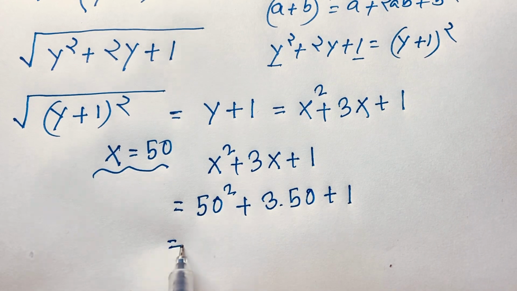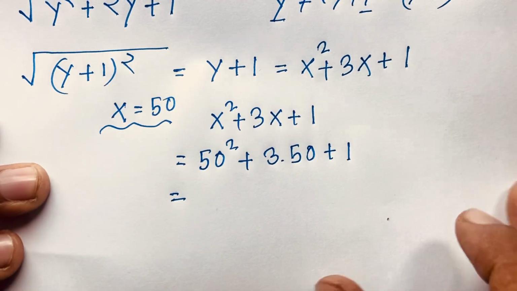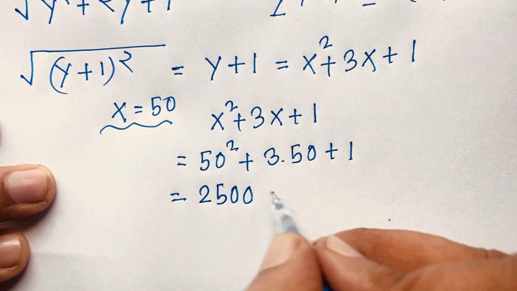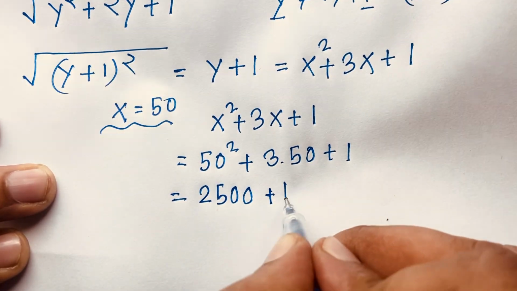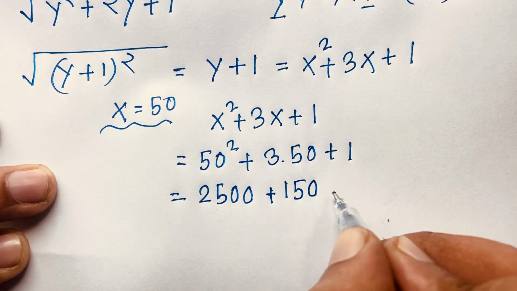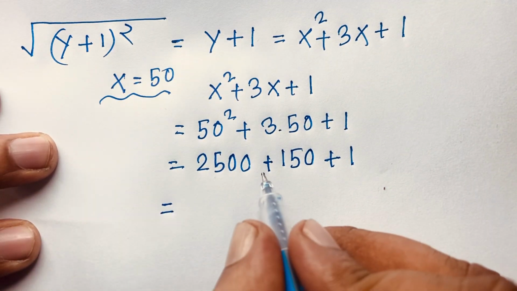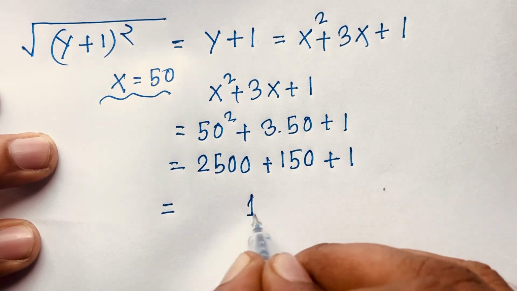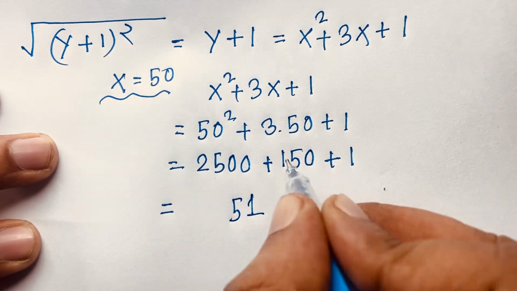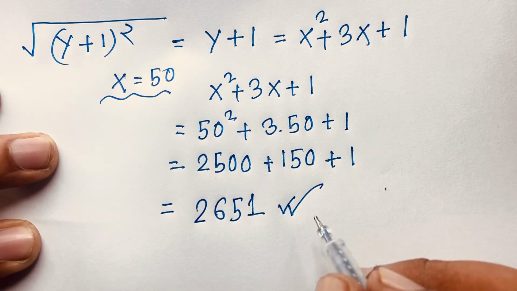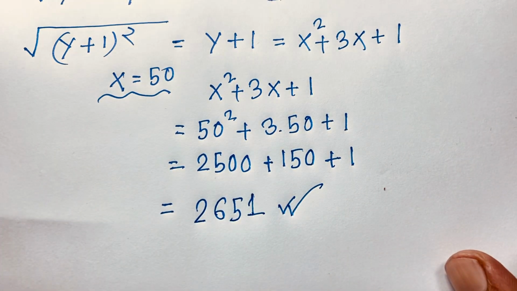Now 50 square is 2500, and 3 times 50 is 150, plus 1. Then if I add, it will be 2651. This is the value of this radical math question, this square root math problem.